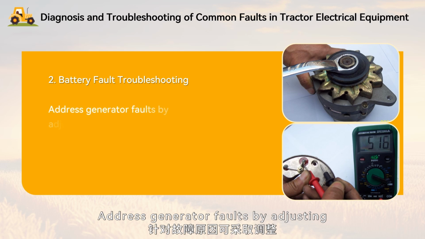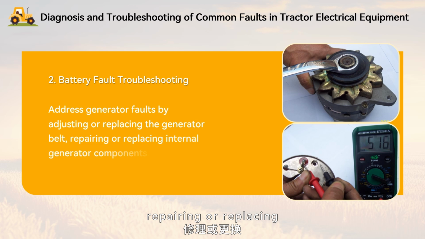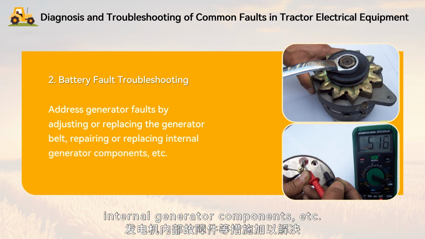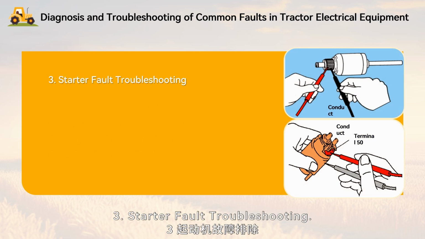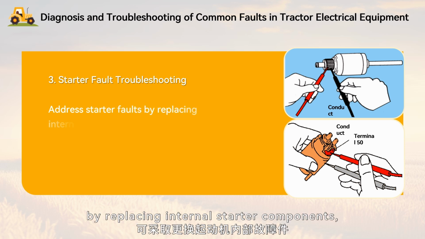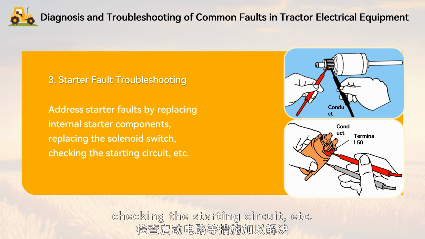Address generator faults by adjusting or replacing the generator belt, repairing or replacing internal generator components, etc. 3. Starter fault troubleshooting. Address starter faults by replacing internal starter components, replacing the solenoid switch, checking the starting circuit, etc.